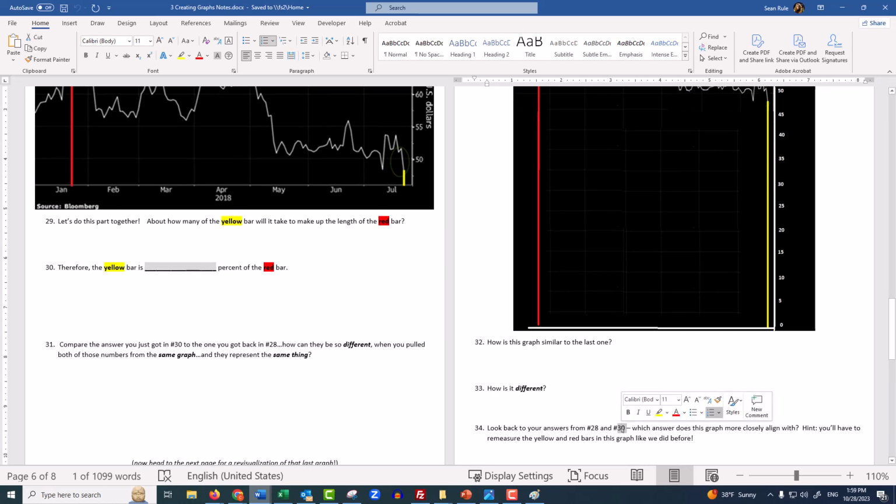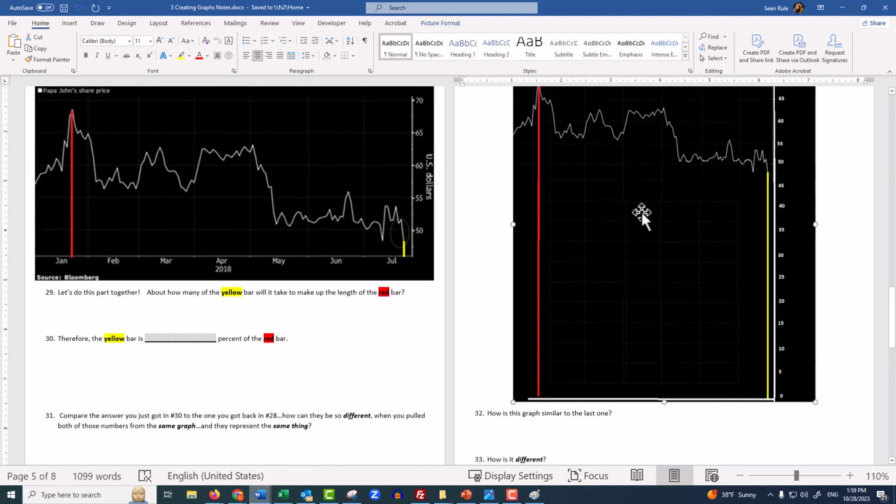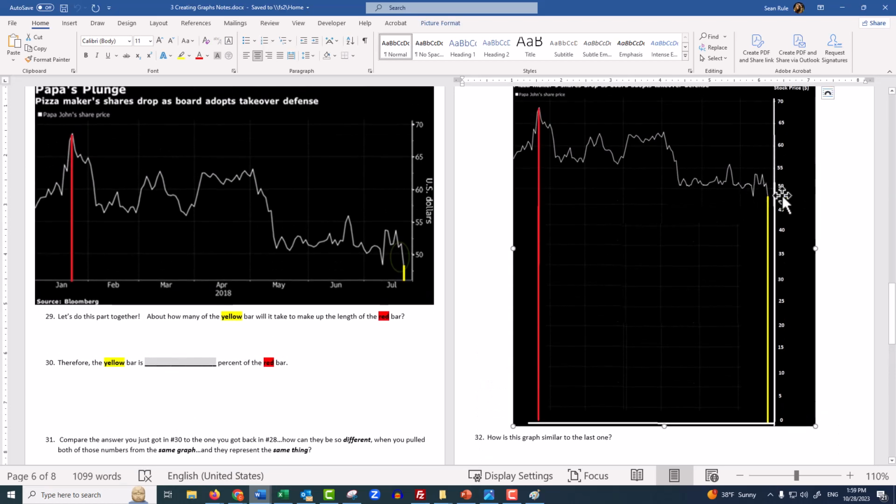Those are those 2 percentages that you got very different results from. Which answer does this correct graph more closely align with? It's gotta be the 70%. Because this yellow bar compared to the red bar is way more than half. It's somewhere between half and all the way, which is about 70%.